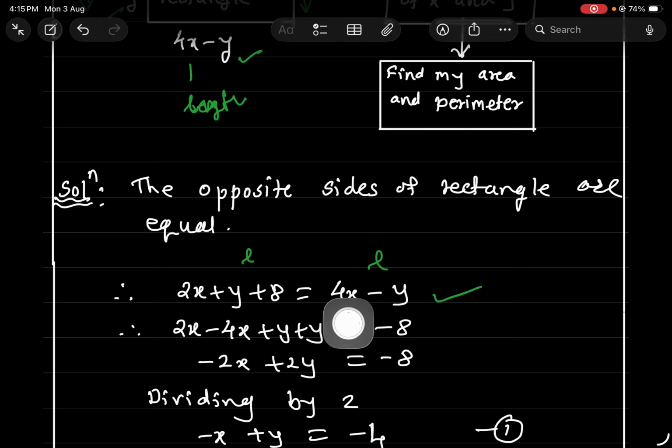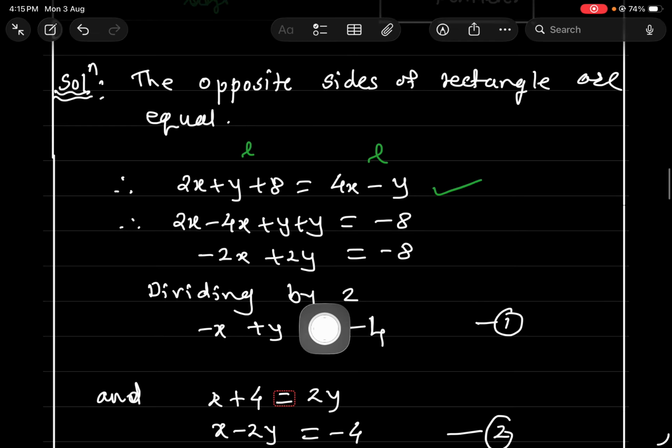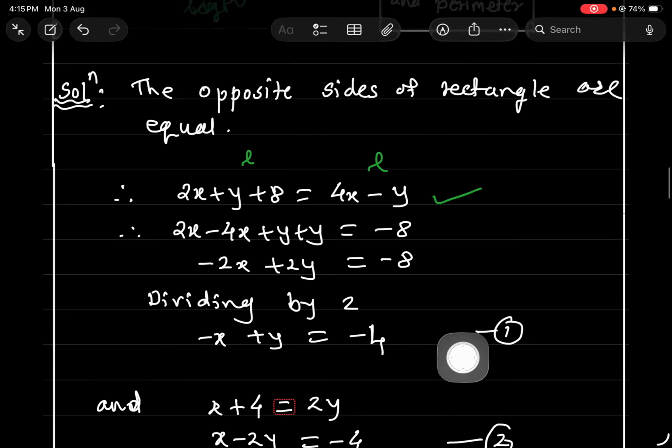Bring 4x to this side and 8 to this side, so they change sign. We get minus 2x plus 2y equal to minus 8. Dividing by 2, minus x plus y equal to minus 4. This is equation 1.